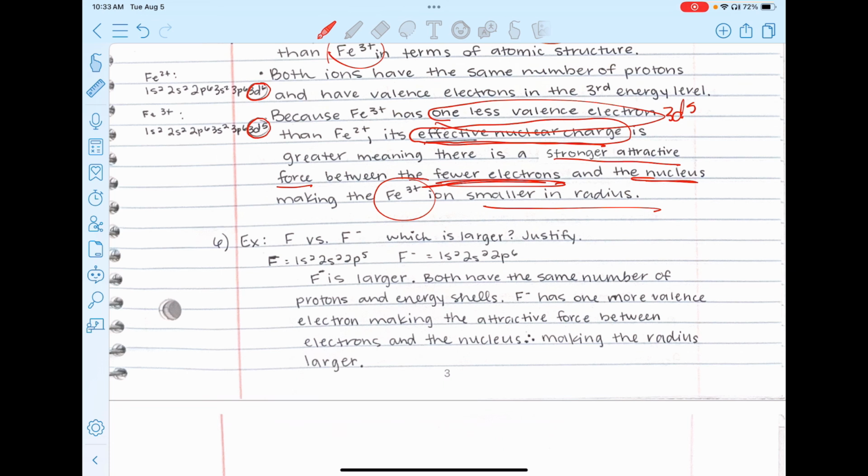Okay, so this is a similar situation to what we saw before, except this time we're comparing a neutral atom to an ion. Now, which one of these two is larger? Well, F negative has more valence electrons, one more specifically.